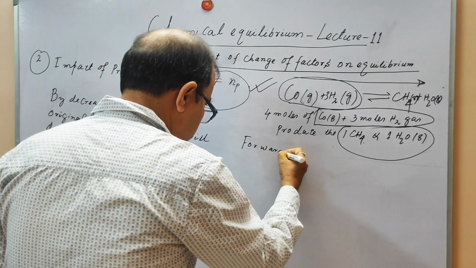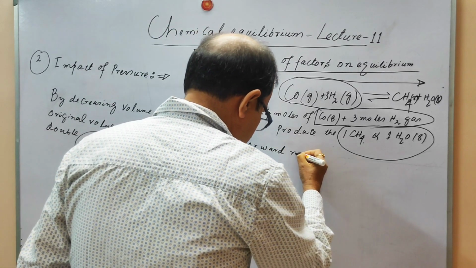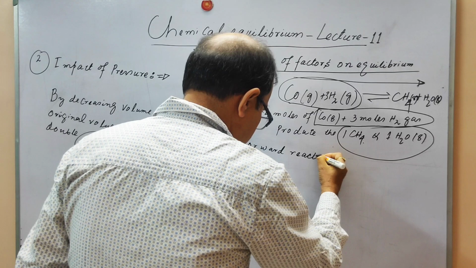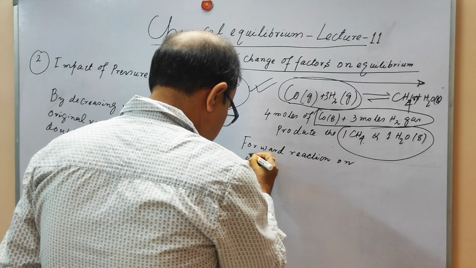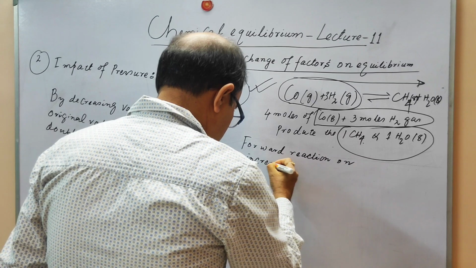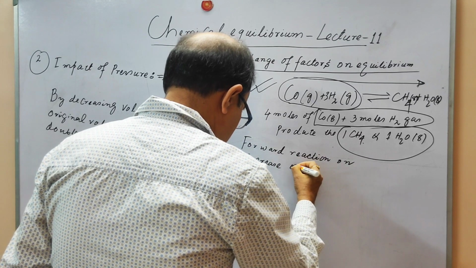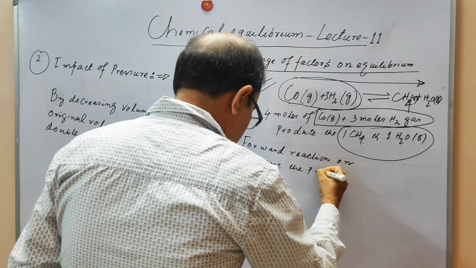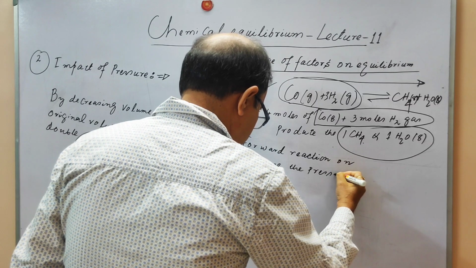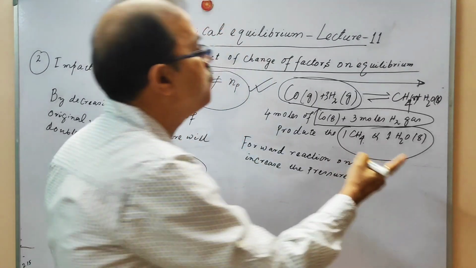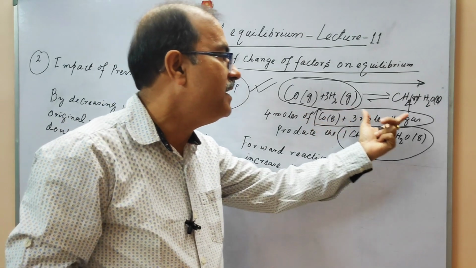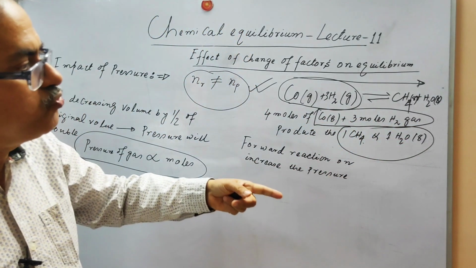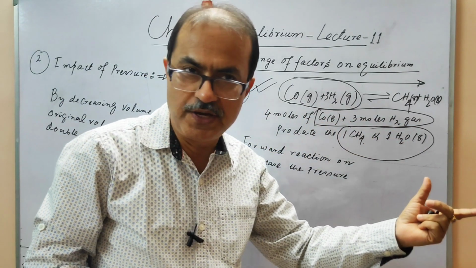The forward reaction will be favored on increasing the pressure, because in the forward reaction there is a decrease in moles. 4 moles of CO and H2 gas will produce 2 moles of CH4 and H2O gas.